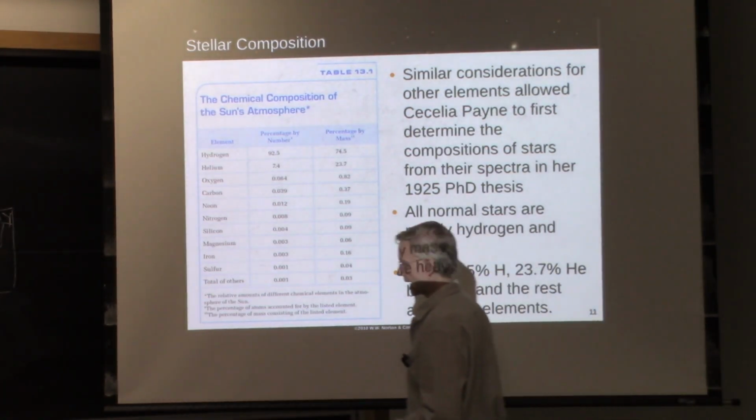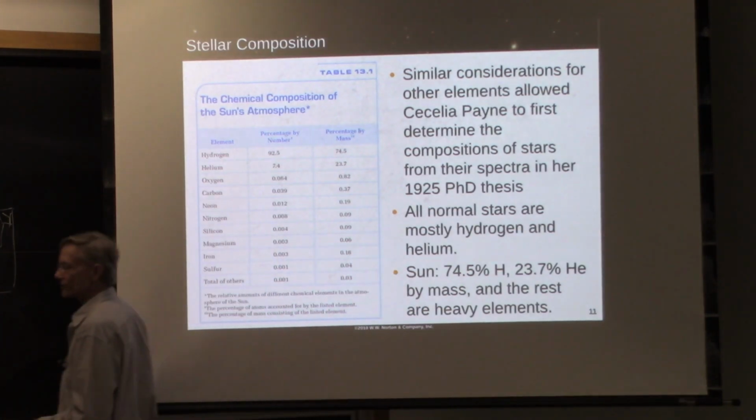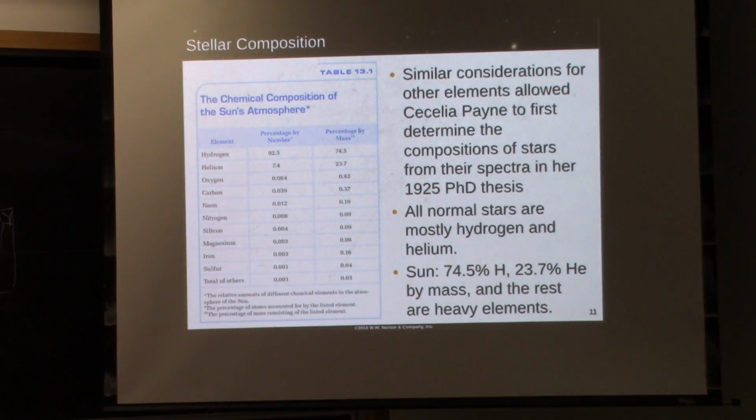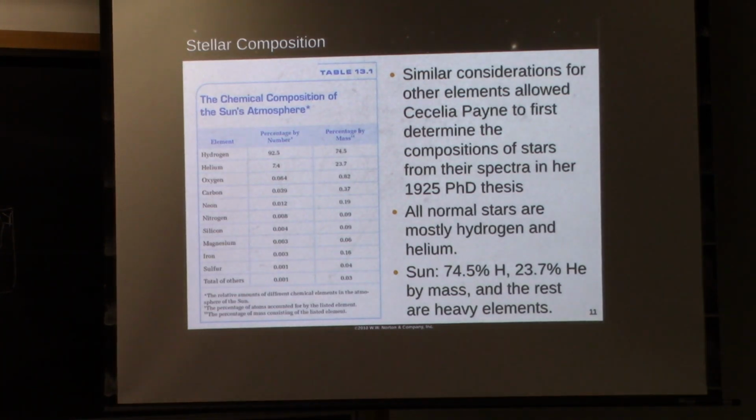Now we'll see that the jeweler's elements, gold, platinum, silver, and the rare earth elements, right? Why are the rare earth elements called the rare earth elements? Because they're rare. There's not a whole lot of them. Why are they rare? Because stars suck at making them, is what it comes down to.